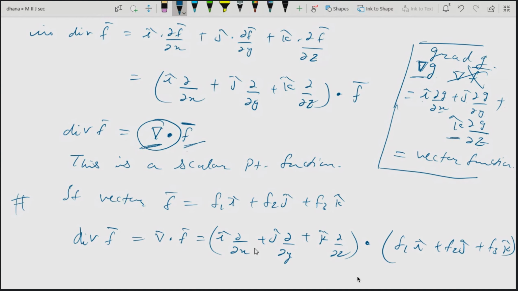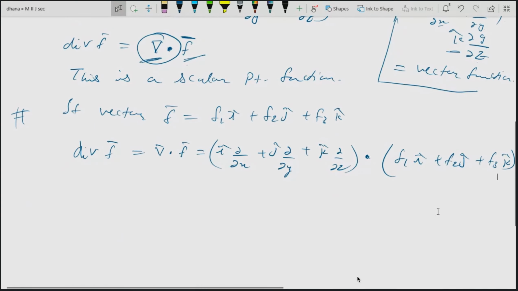Now you are taking dot product between them. So you will have i dot i, i dot j, i dot k for the first one. What is i dot i? Tell me. 1. So this first one and this first one, i dot i is 1, and you have to differentiate this F1 with respect to x.